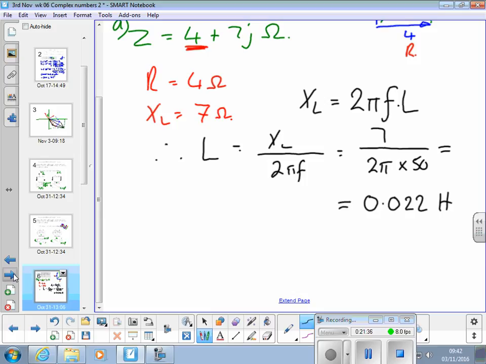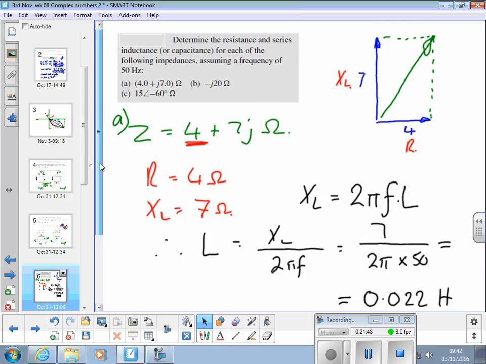Inductance is measured in henrys. Or we could write that as 22 millihenrys. Right.